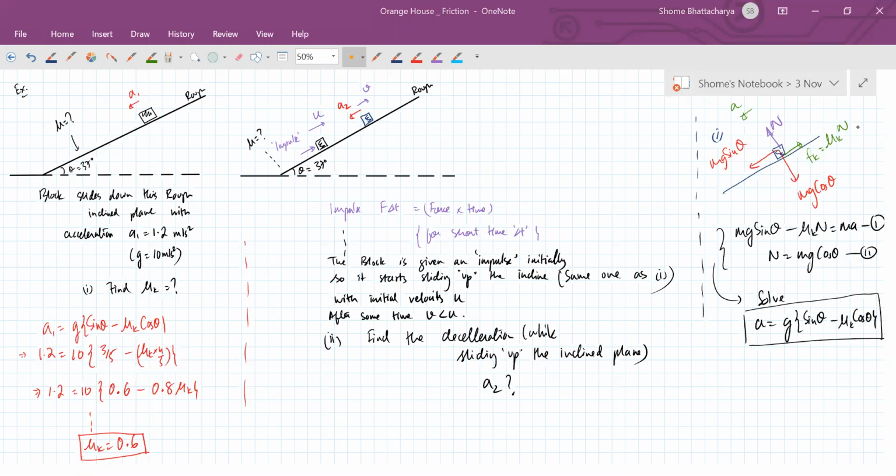Okay. Now work on the second part. In the second part, something will change in your free body diagram. The hint to you is, remember that kinetic friction always opposes slipping.